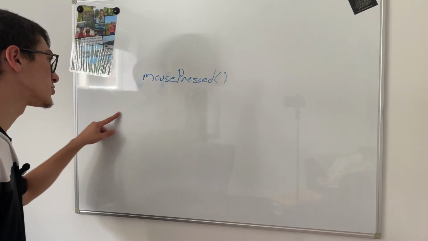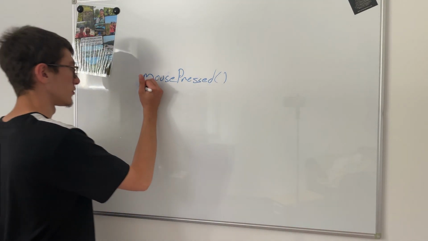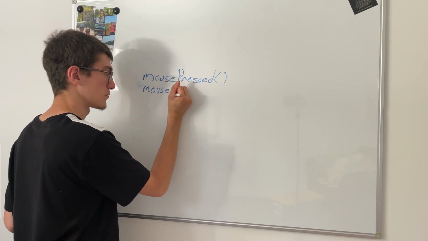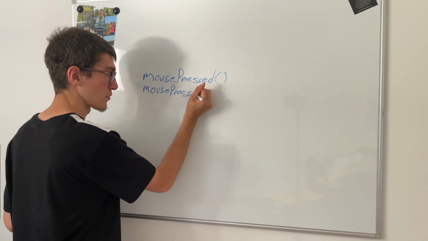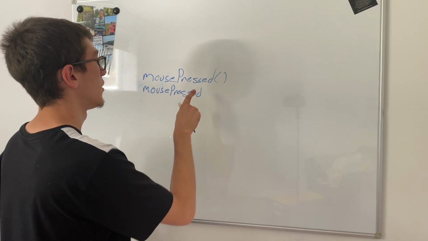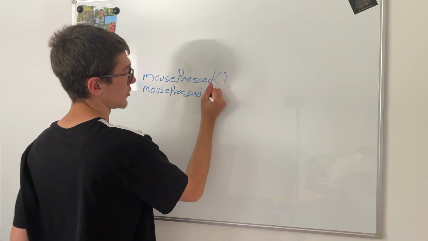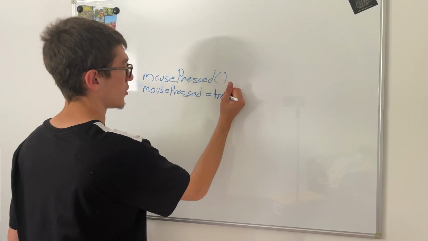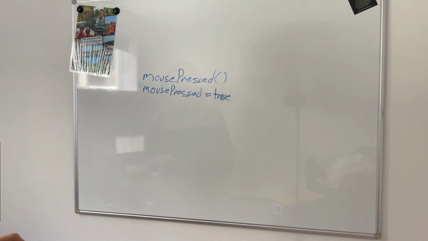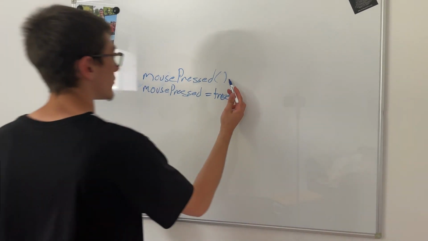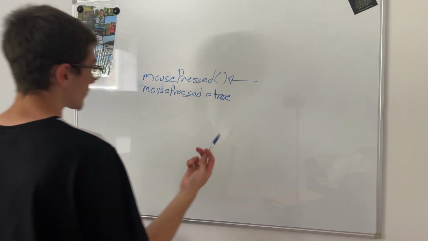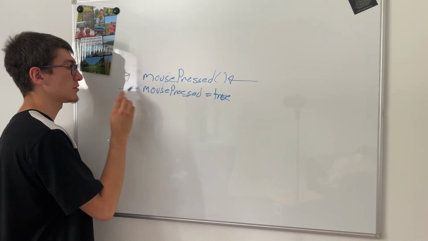But there is also, I believe, a variable called the same thing, mouse pressed, which is true when the mouse is being pressed, right? So I don't think we'll be using this one. We'll be only using this one.